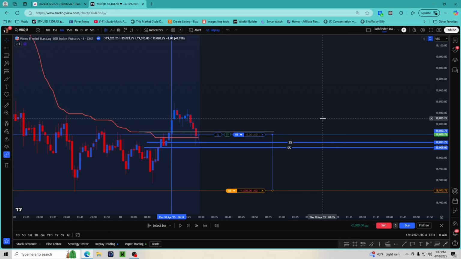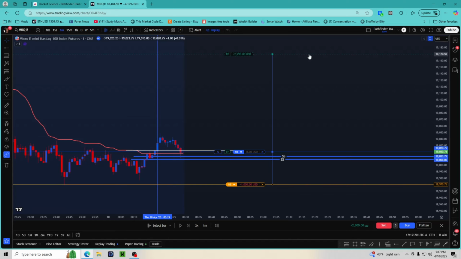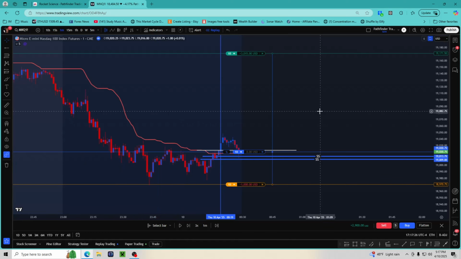There are some more technical stops in here where you can get out sooner, but this is the one we'll use for now. So I'm looking to make at least $3,000 to the upside, and $1,000 to the downside. That also, by the way, would have made this trade a $6,000 trade versus a $3,000 trade. So depending on what your daily goals are, you're getting hit on those.